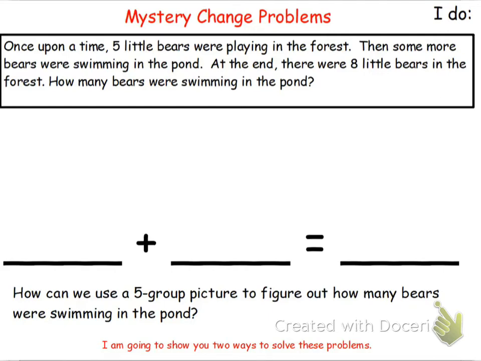So, now I'm going to read this one more time all the way through so I make sure I completely understand it. Once upon a time, 5 little bears were playing in the forest. Then, some more bears were swimming in the pond. At the end, there were 8 little bears in the forest. How many bears were swimming in the pond? So as I was reading, I was doing that math movie in my brain.